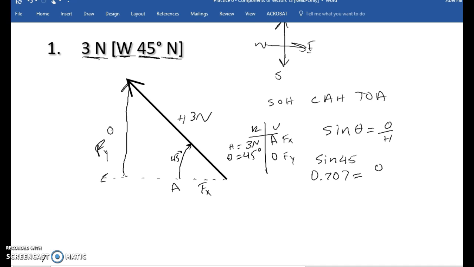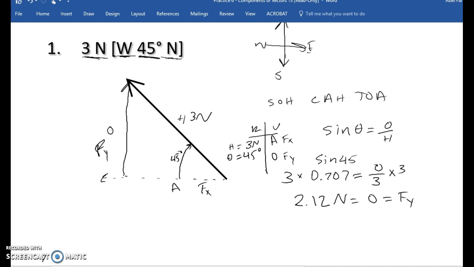Now that equals the opposite over the hypotenuse. Hypotenuse in this case is 3 newtons. So to solve for the opposite, you multiply by 3 to both sides, and you get 2.12 newtons is equal to your opposite side. Now your opposite side reflects Fy. It's the Y component. It's whatever's going vertical.